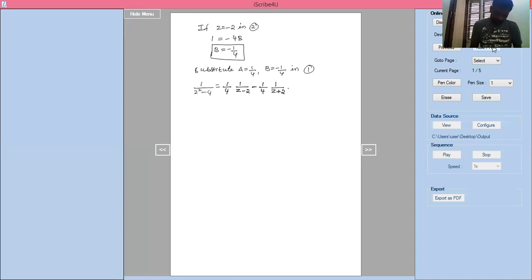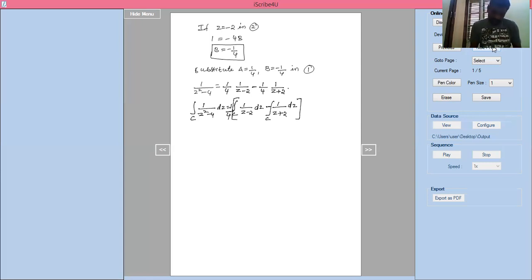Now I can write the integral over C of 1 divided by z square minus 4 dz equals, taking 1 by 4 outside, 1 by 4 into [the integral over C of 1 by z minus 2 dz minus the integral over C of 1 by z plus 2 dz].